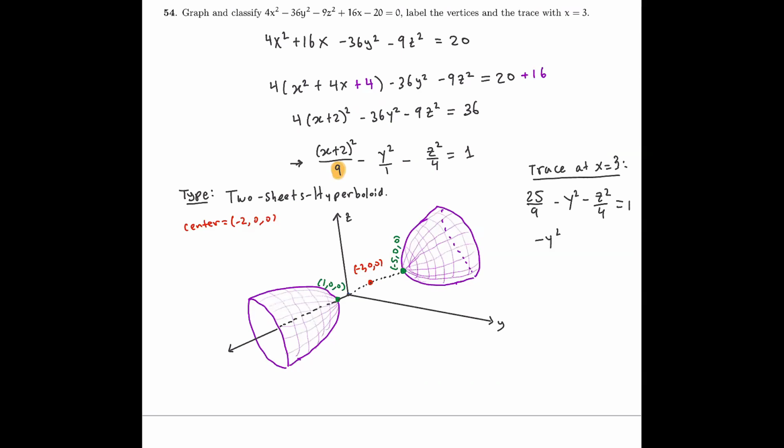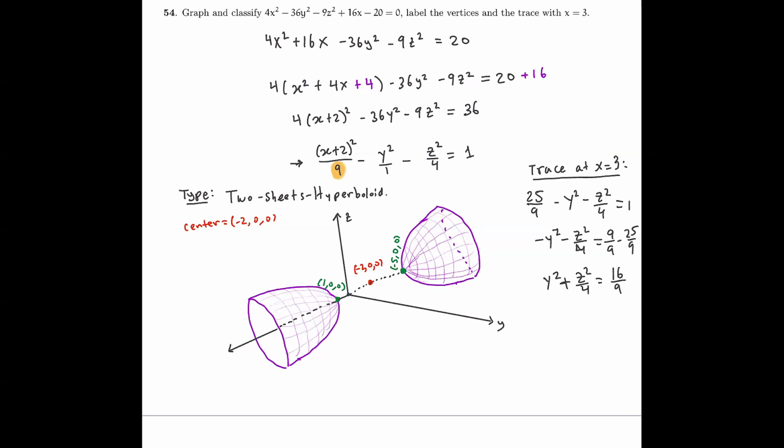So we get negative y squared minus z squared over 4 equals 1 minus 25 over 9. Now 1 is 9 over 9 minus 25 over 9. So that's 9 minus 25, which is negative 16. So I get y squared plus z squared over 4 equals 16 over 9.